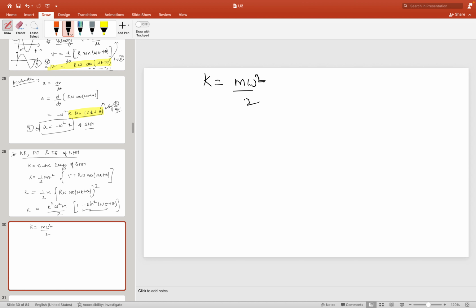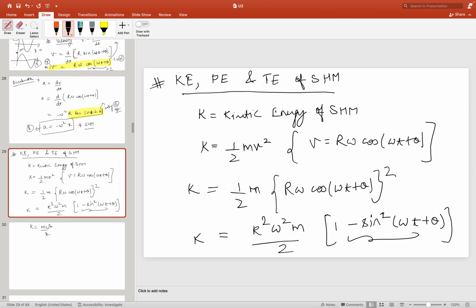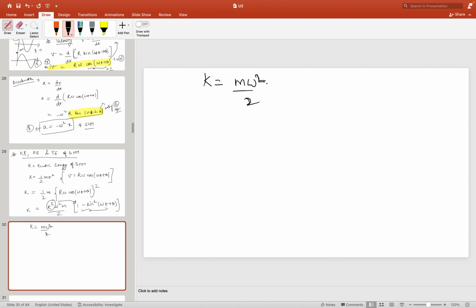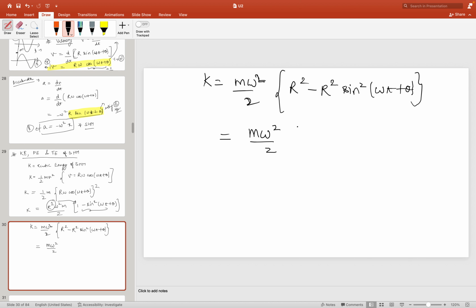Now what I am going to do in this particular step is take this r square term inside the bracket. So what will happen? It will become r square minus r square sine square omega t plus theta, close bracket, or simply m omega square upon 2.